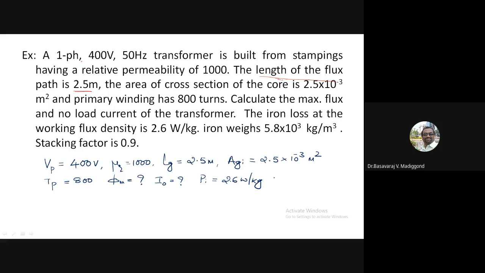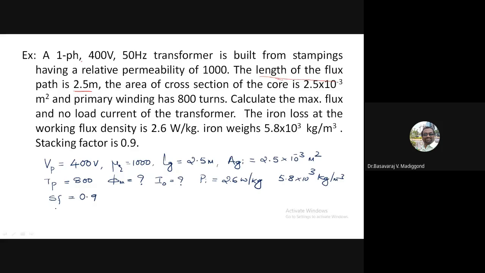And iron weighs how much? 5.8 into 10 raised to 3 kg per meter cube. And stacking factor SF is given 0.9. Okay, these are the data as given.